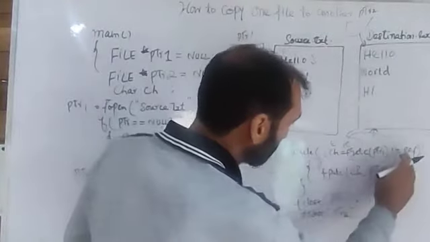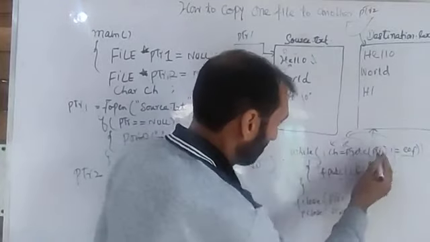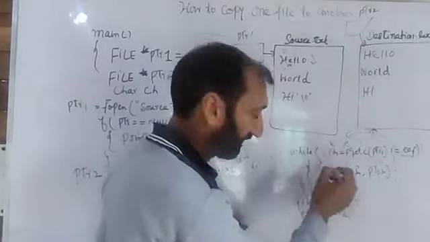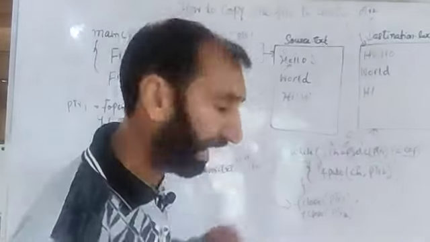Whenever it finds this \0, that is end of file, this loop will get terminated and control will go outside the body of this while loop.